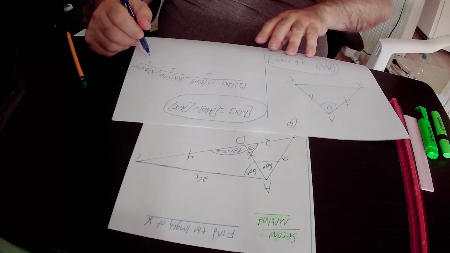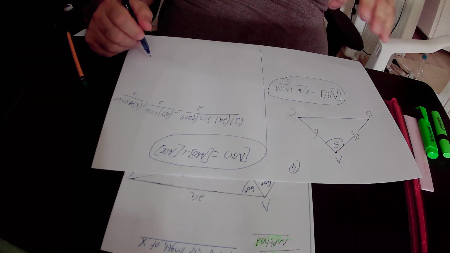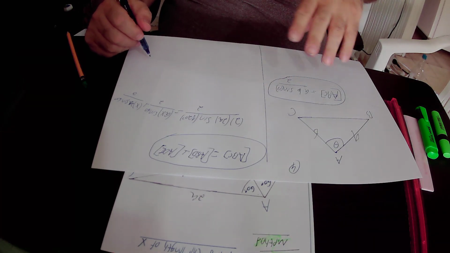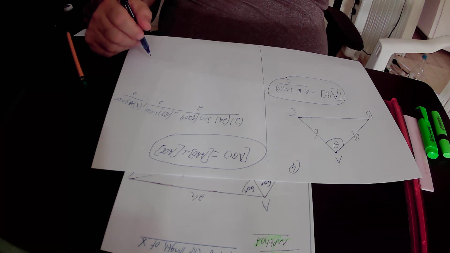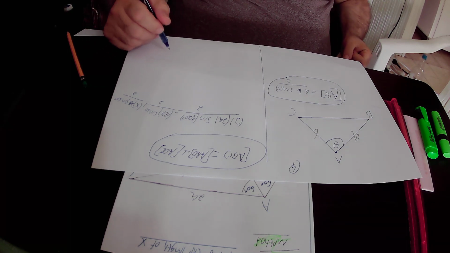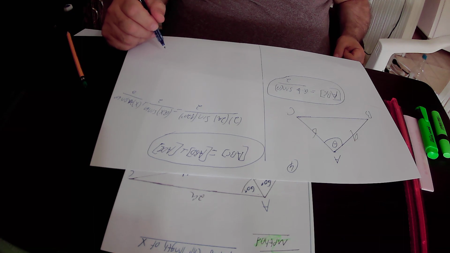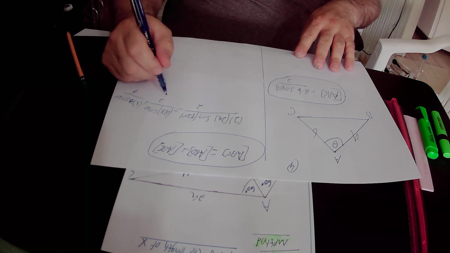We used the new formula to find the area of triangles ABC, ABD, and ADC. So here we have 2 in the denominator of both sides of this equation, so the 2 will get cancelled.